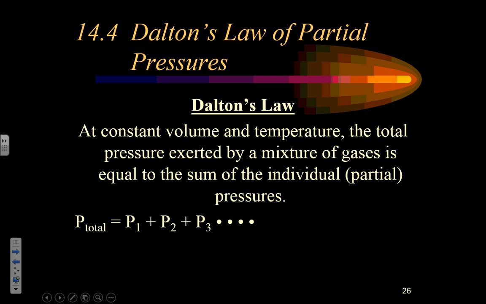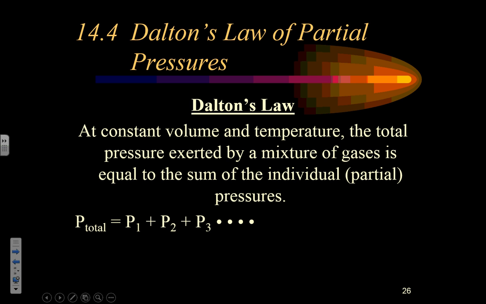If I measure the pressure of the individual gas in a container, and then I measure the pressure of the second gas and the third gas, when I combine them all together in the same volume at the same temperature, I'll notice that the total pressure is the individual pressures added up. Those individual pressures are often referred to as partial pressures because each is part of the overall or total pressure.